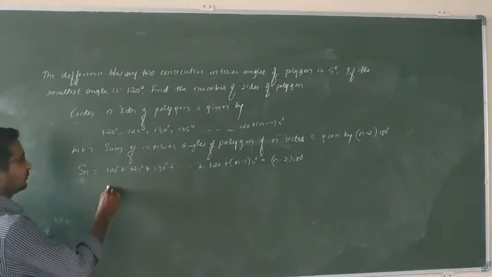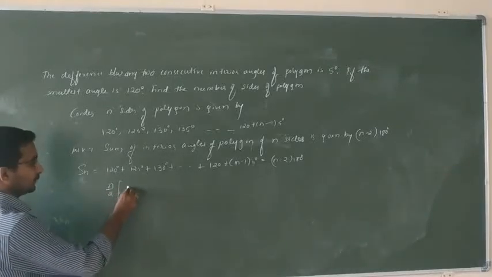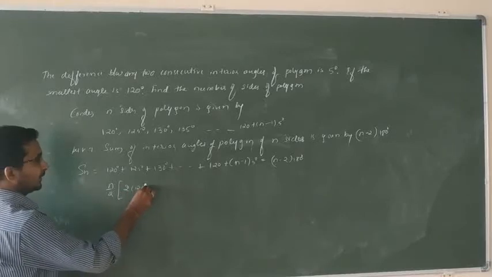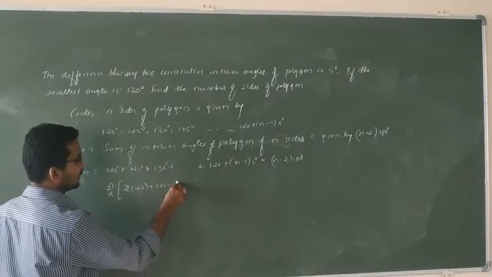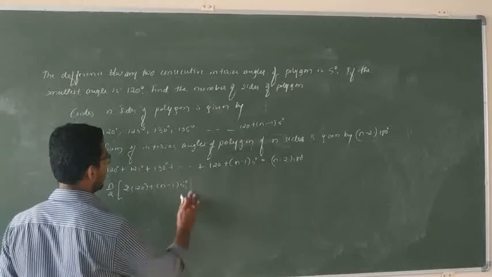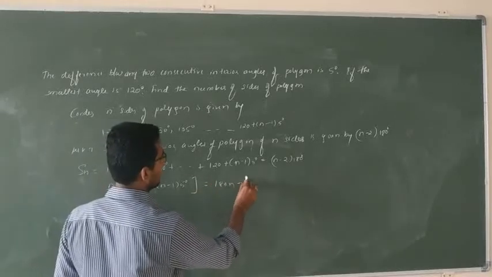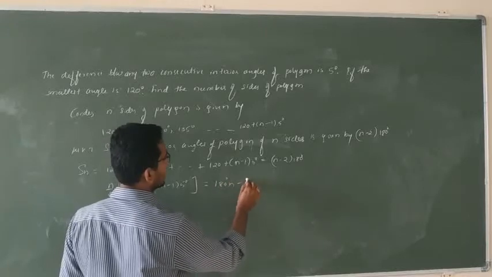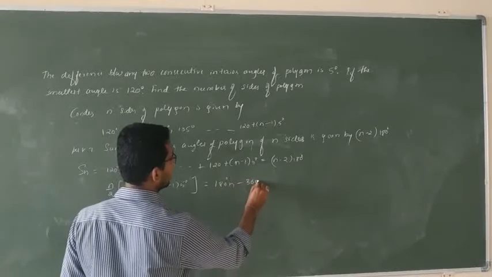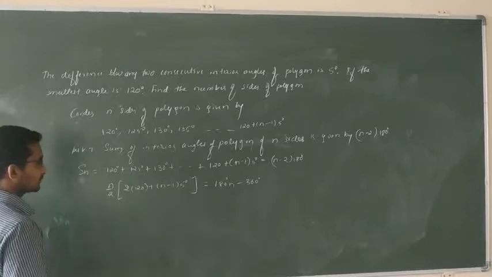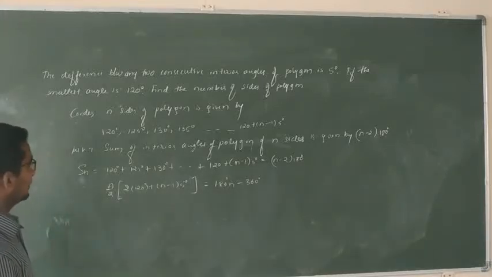That is n by 2 into (2a plus (n minus 1)d): n by 2 into 240 plus (n minus 1) into 5 degrees is equal to 180n minus 360 degrees.